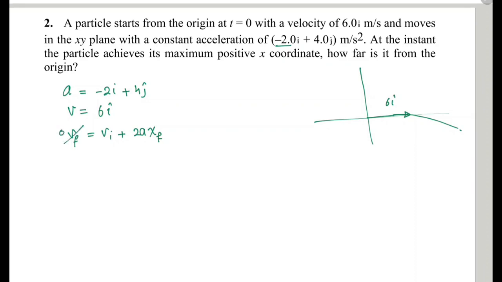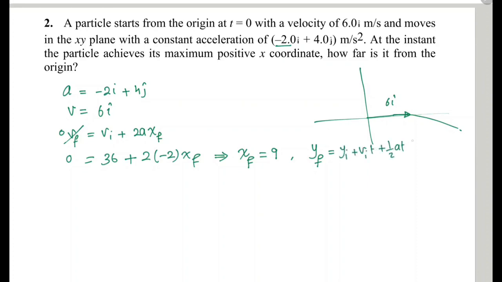Now at the final position the velocity equals 0, so it's 36 plus 2 times minus 2 times x final, all equal to 0, and from this x final equals 9. Now y final equals y initial plus v initial t plus half a t squared. This is 0 and this is 0. So y final equals half a t squared.